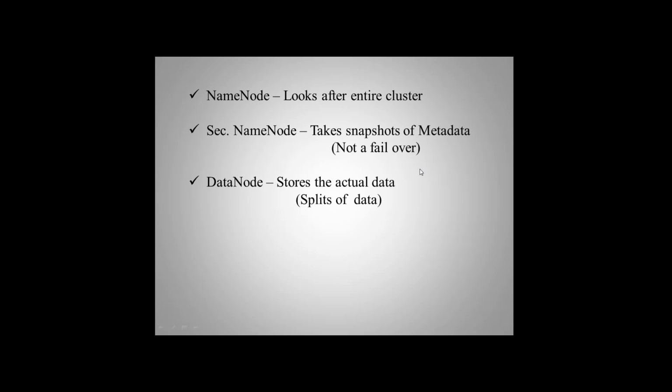Rather, since you have a copy of the primary name node's metadata, you can bring another name node into the environment and configure that new name node with the second name node's metadata snapshot. That's what you can do. And data nodes will be storing your actual data sets, which is nothing but the actual splits. So these are all the functionalities on a high level.